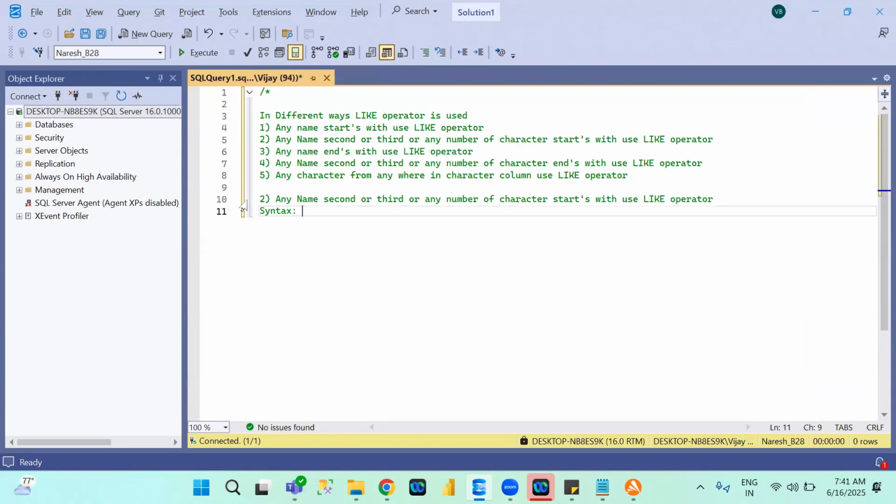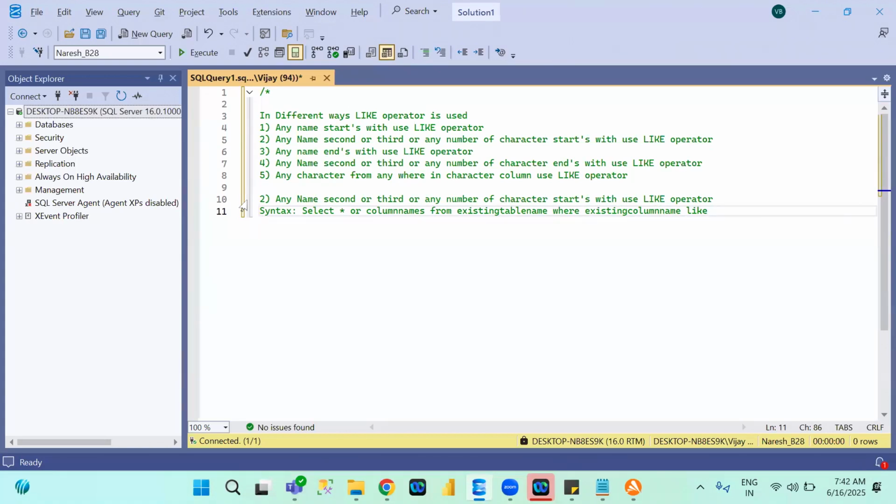That means if you want the second character, or third character, or fourth character to start with something, you have to use underscores before the character. Let's see how it will work. For example: select star or column names from existing table name where existing column name LIKE.